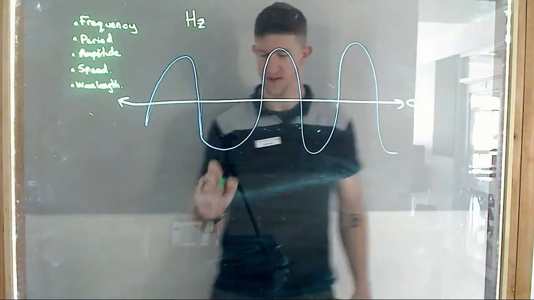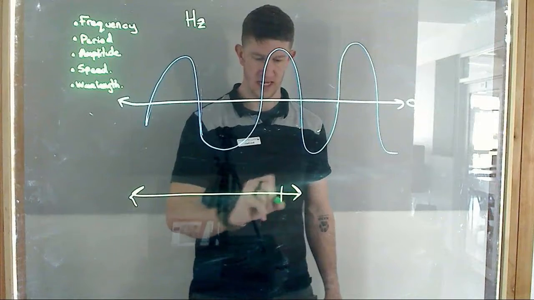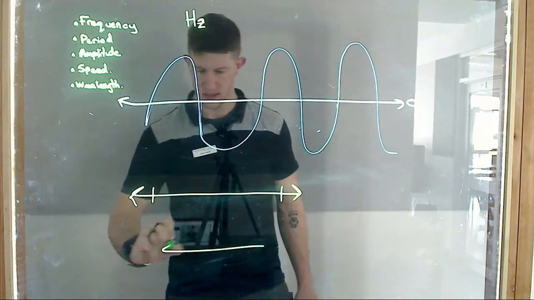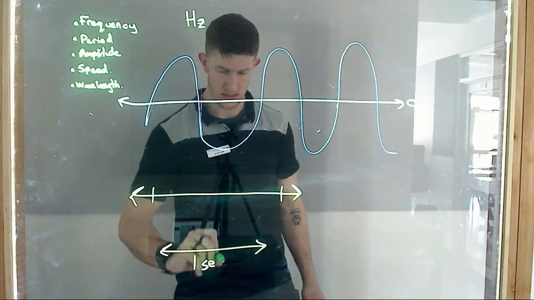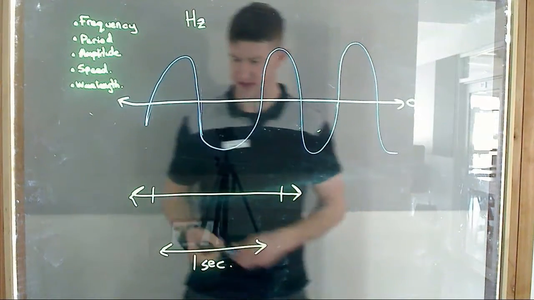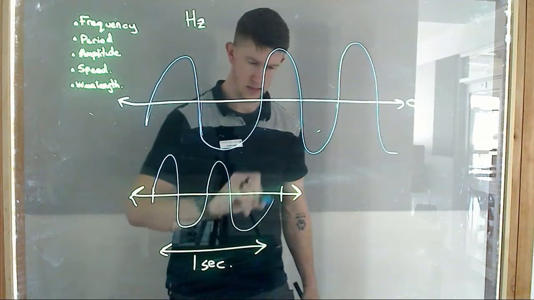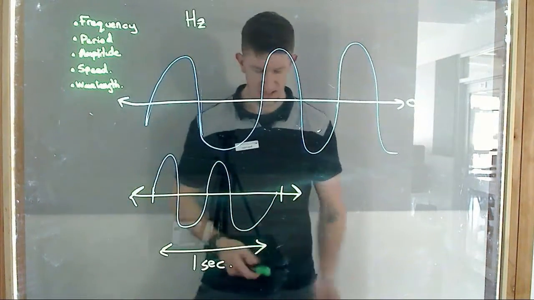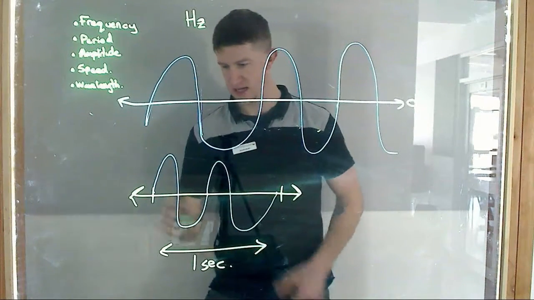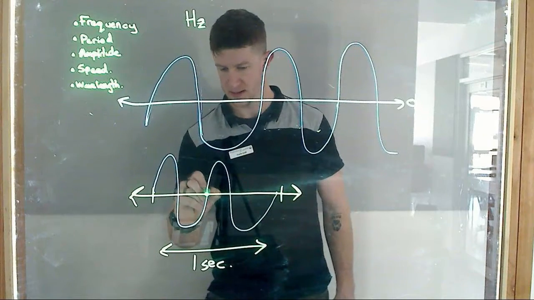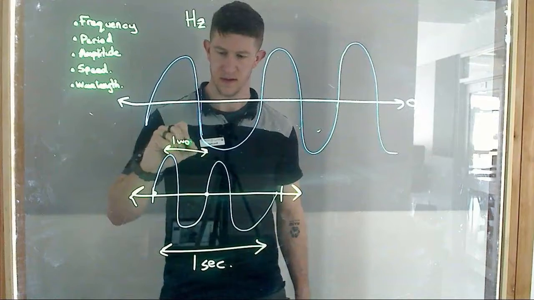So for example, if I had a separate case and I looked at this, and from here to here was 1 second, and the wave looked like this. So say this is my wave. I can see that from here to back here, this is one wave.